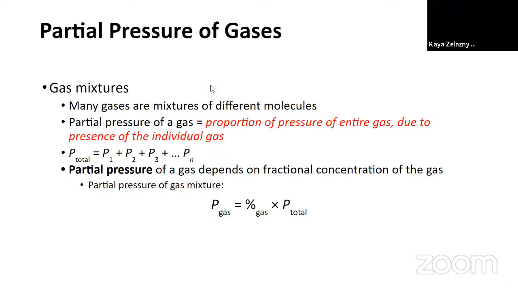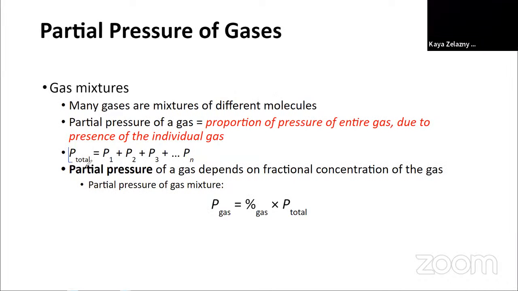So what we're saying here in this equation is that our total pressure, like that 760, is the pressure of our oxygen plus the pressure of nitrogen plus the pressure of CO2 and so on.